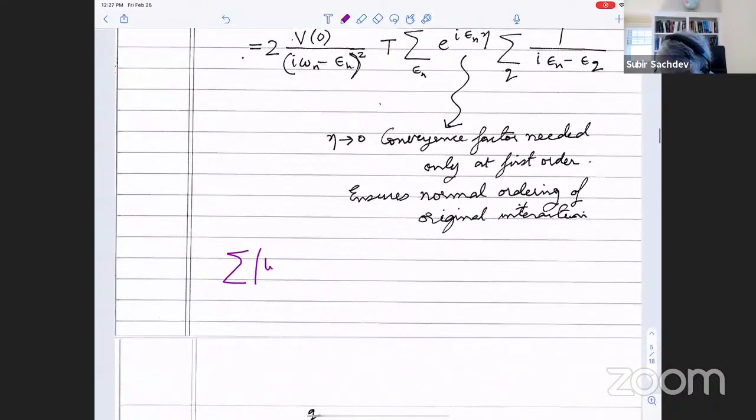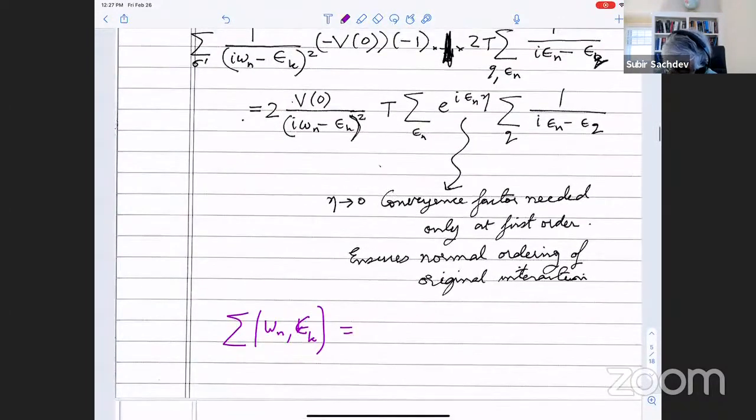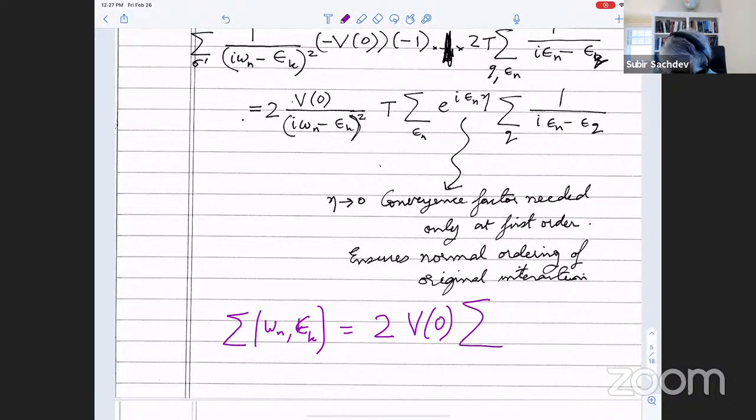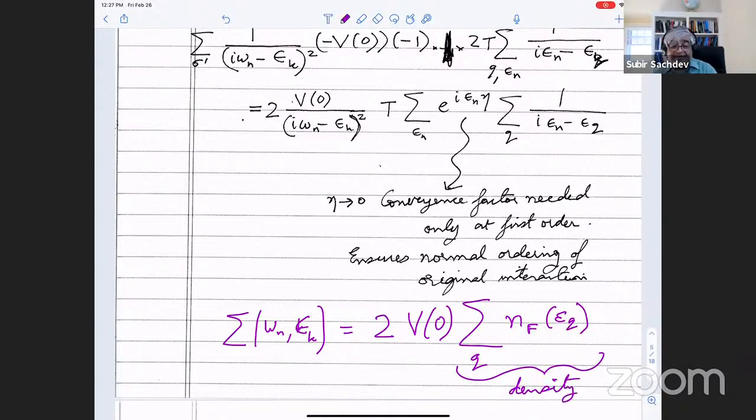Sigma of omega n and Ek is equal to, you'll get 2 from the spins, V of 0 times the sum over Q of just the Fermi function of EQ. Yeah, and that's nothing but the density. And that's exactly right.